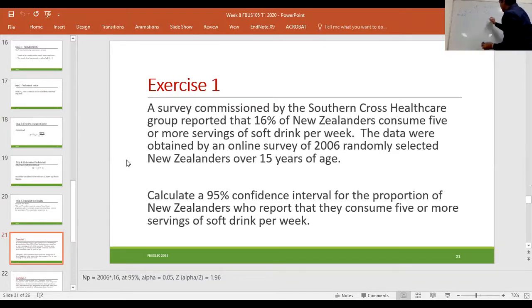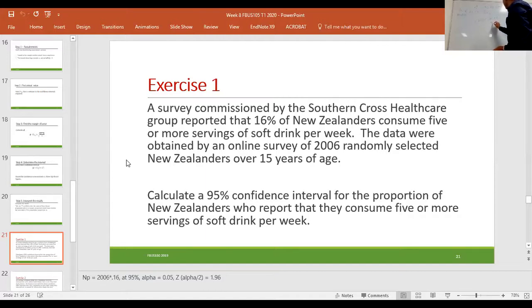We have seen that alpha value is always 1 minus 0.95. For 95%, the alpha value is 0.05. That is the 5%. We have seen this one, right? So for the confidence interval 95%, the alpha value is 0.05. So what is the alpha by 2?